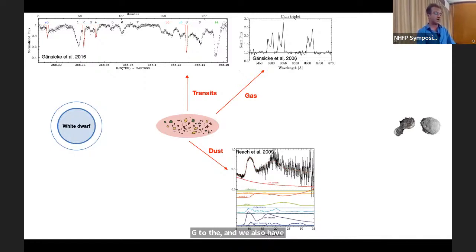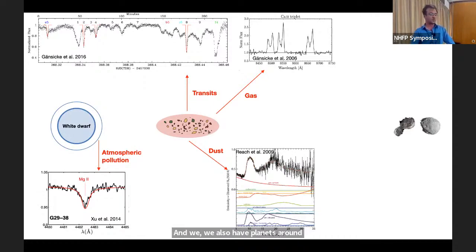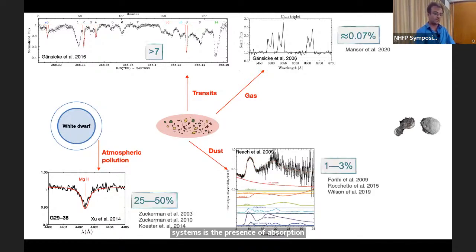So there's now at least 10 systems that actually have transiting debris. And we also have planets around white dwarfs as well. But the key evidence for metal pollution and of all planetary systems is the presence of absorption lines in the atmosphere of the white dwarf. These are just typical occurrence rates based on observations so far.